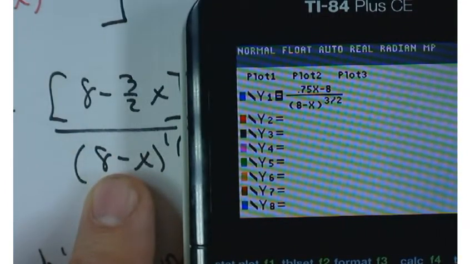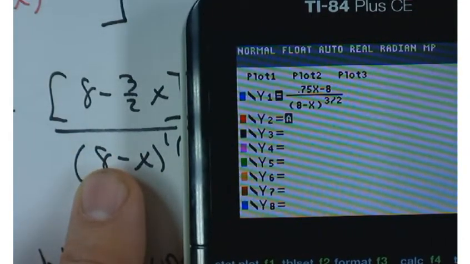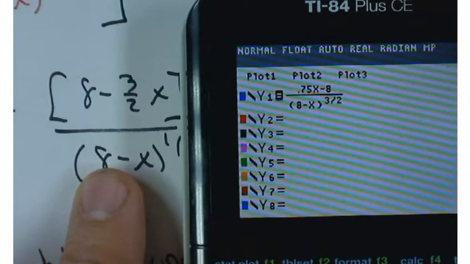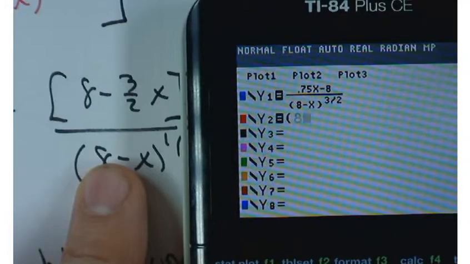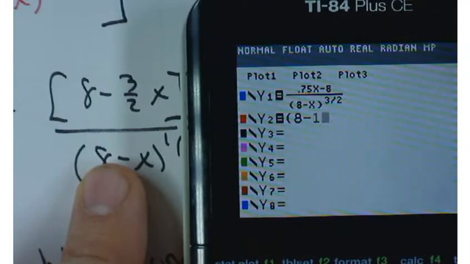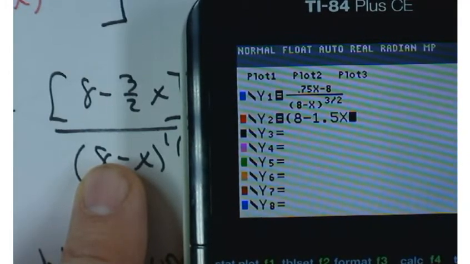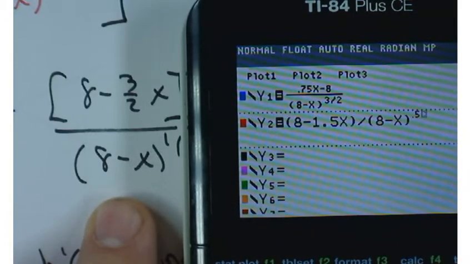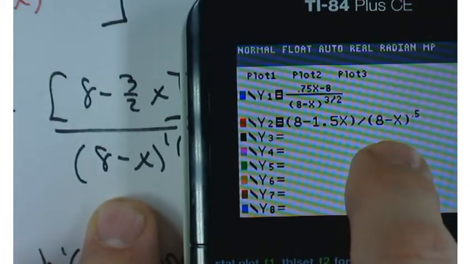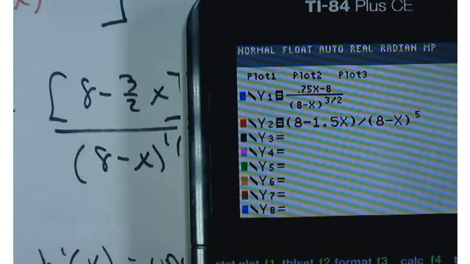I'll do it old school here. Let's just do it as 8 minus 1.5 x, divided by 8 minus x raised to the 0.5 power. You could also do the square root down there. It doesn't matter.